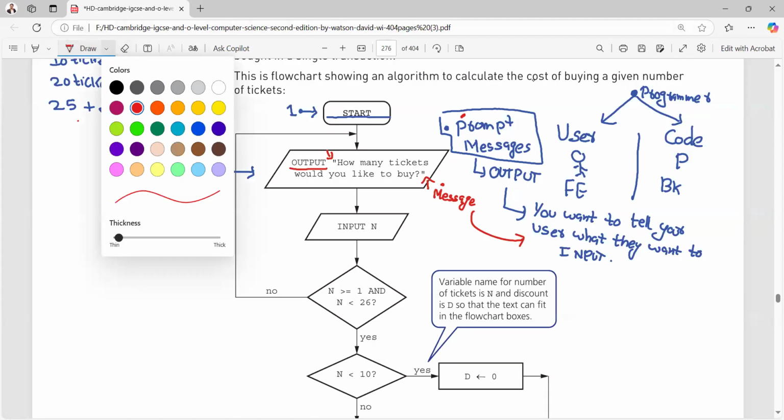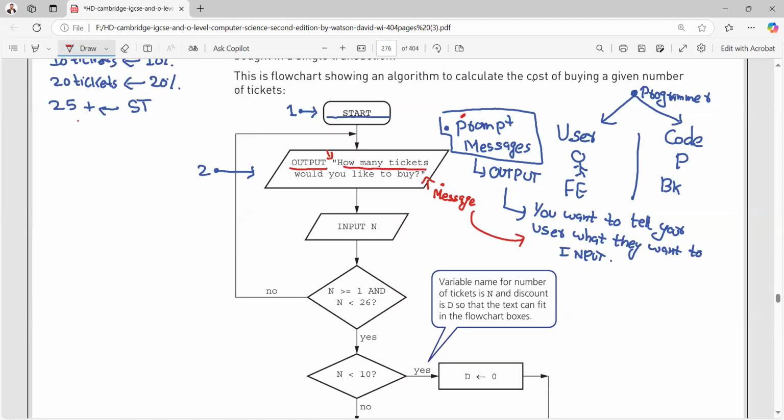The prompt says, how many tickets would you like to buy? As the programmer, I code it and give it an output so that this message can be shown to your user, so your user will know what to input. For example, if this message is not here and it suddenly asks you to input a value, how would you know what value to input? Are you getting my point?